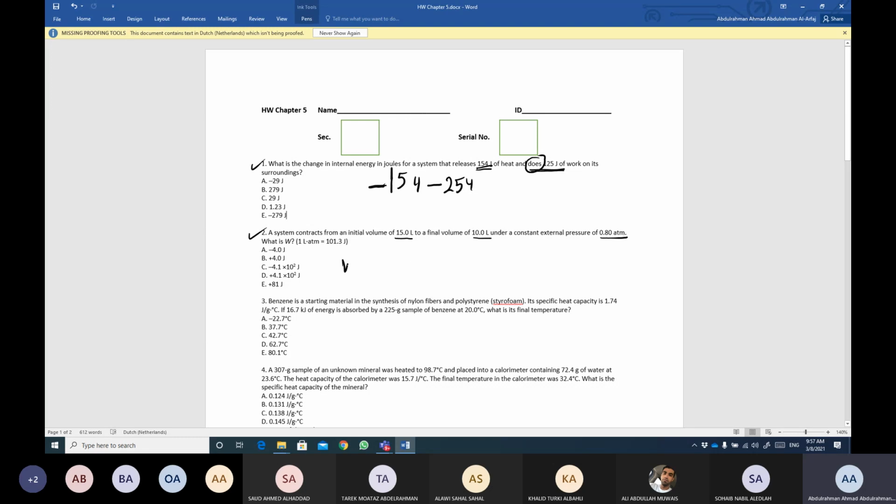What's the work? The work equal to what? Not PV. Work is minus P delta V. The work is actually equal to minus P delta V.